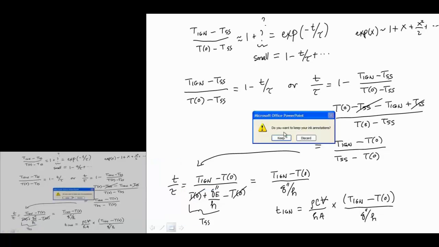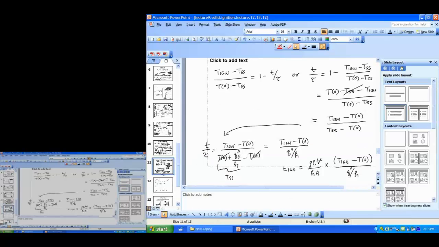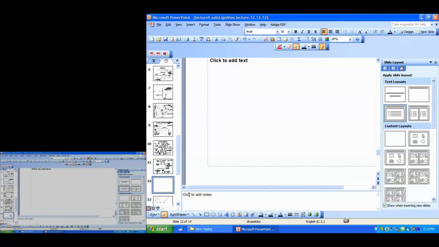T_ignition is equal to rho C V over hA, and I'm going to write V as A times d, times (T_ignition minus T0) over (q over h).